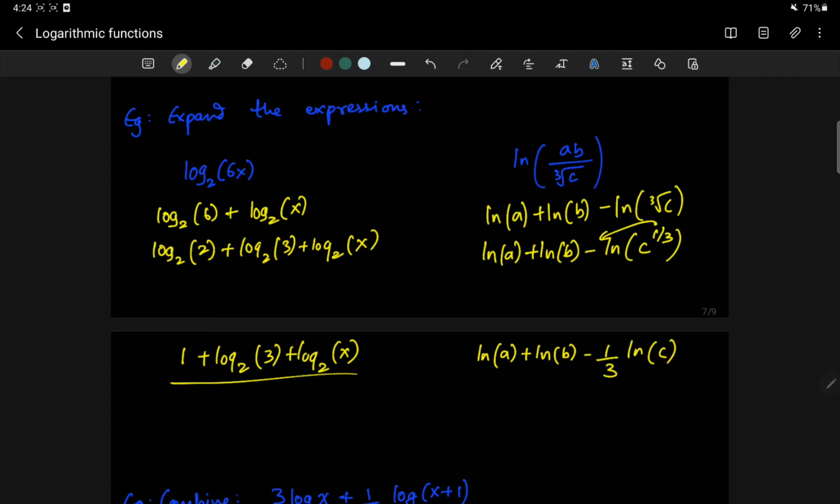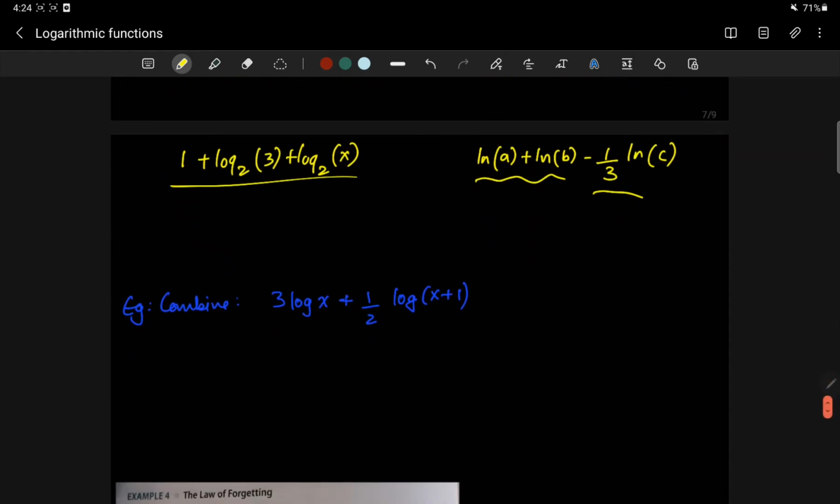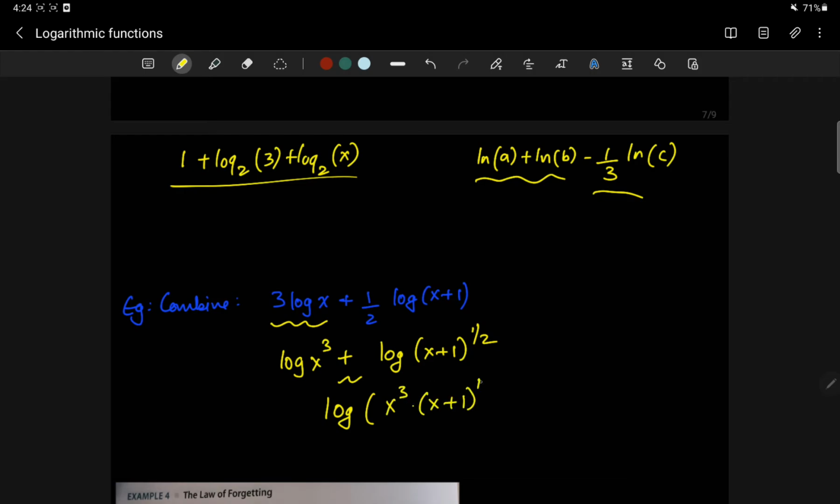So again, for these cases, there will generally be no simplification involved other than just rewriting it from a product form to a sum form. Or it would say combine, in which case you would rewrite it as one single term. So here, this is x cubed, and this is x to the 1/2. And then there's an addition, which means you multiply the terms, as x cubed times x plus 1 to the 1/2, and that's it. There's no more simplification that you need to do.